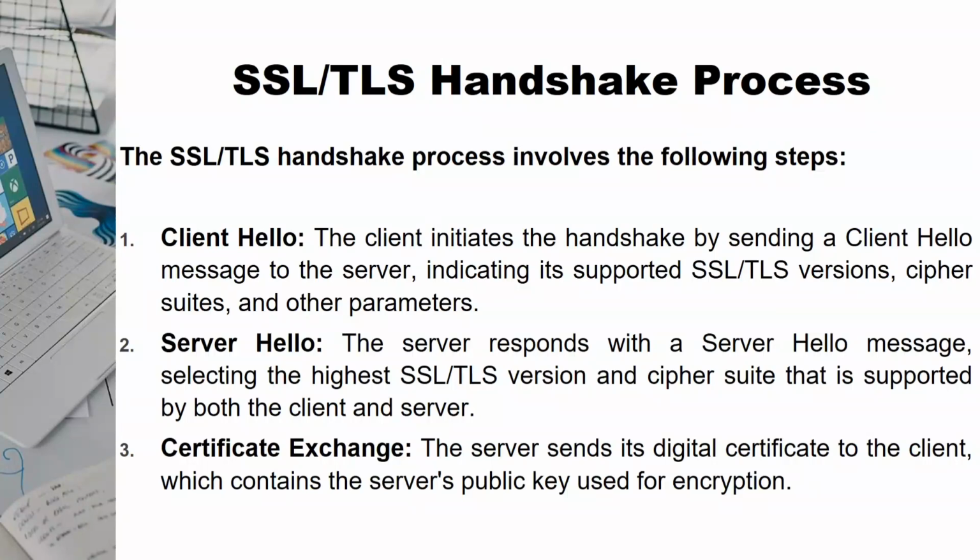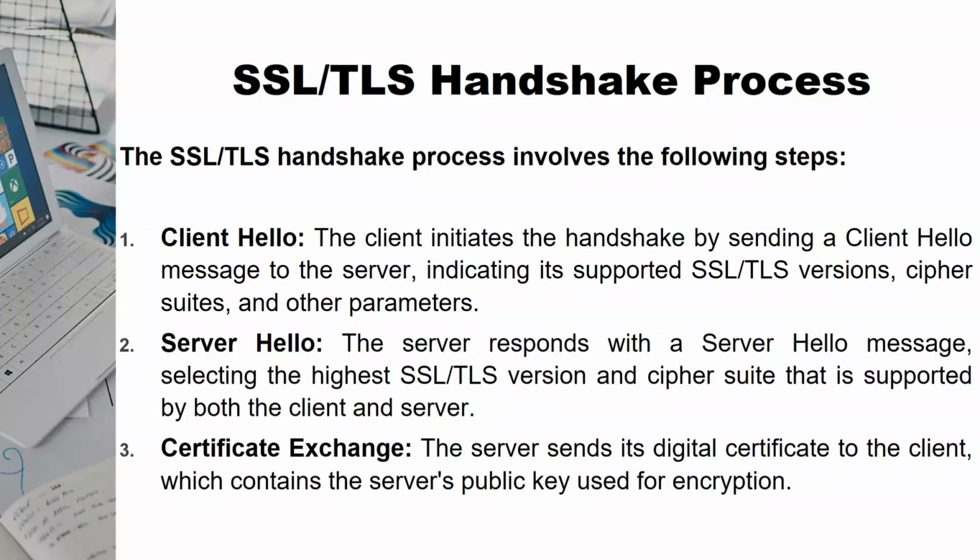The first one is the client hello. This initiates the SSL/TLS handshake by sending a client hello message to the server. This message includes the client's supported SSL/TLS versions, the client's supported cipher suites, and a random session ID.